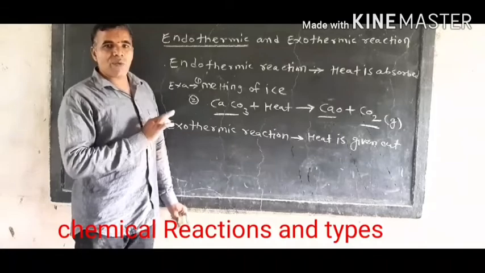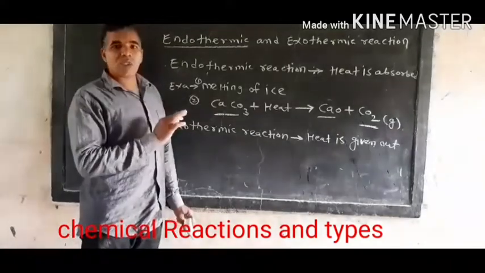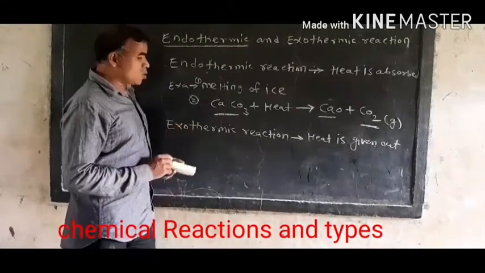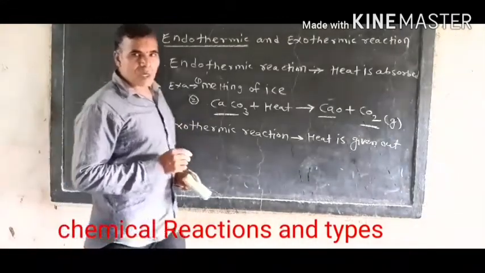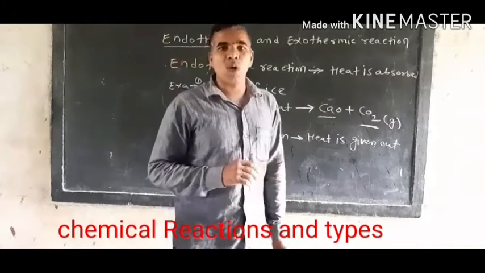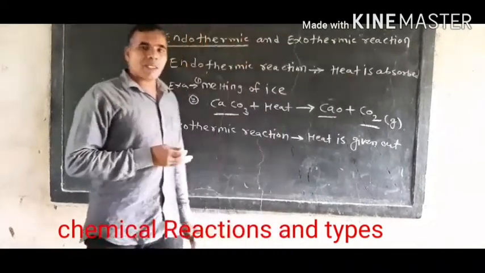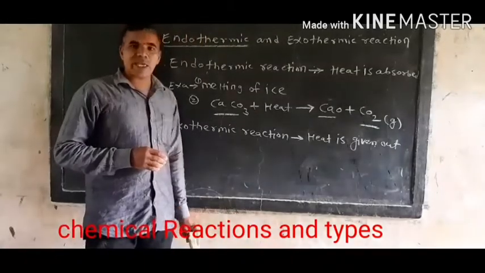The process in which heat is given out is called as an exothermic reaction. For example, formation of ice from water. या पाण्यापासून बर्फाचं रूपांतर होणं हे आपल्याला सांगता येईल एक्झोथर्मिक रिएक्शनचं एक्झाम्पल.